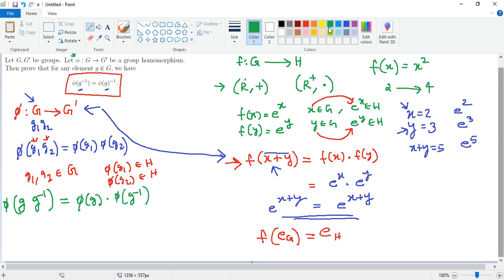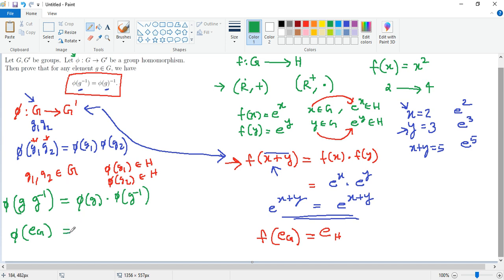Now, what is G times G inverse? Any element operated with its inverse should give you the identity element. So that's equal to phi of E G, because E G is the identity element of group G.